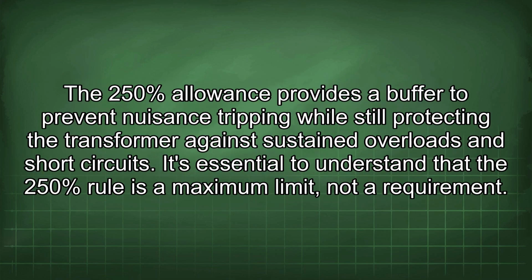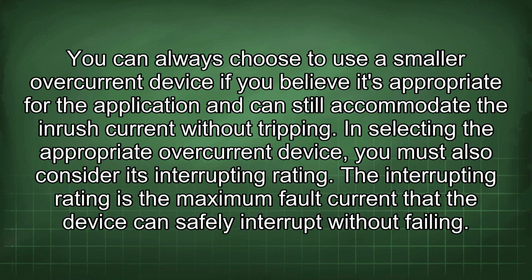The 250% allowance provides a buffer to prevent nuisance tripping while still protecting the transformer against sustained overloads and short circuits. It's essential to understand that the 250% rule is a maximum limit, not a requirement. You can always choose to use a smaller overcurrent device if you believe it's appropriate for the application and can still accommodate the inrush current without tripping.